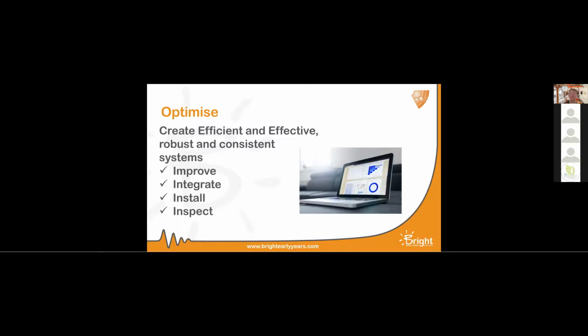Time is our most precious commodity, ultimately. So the more we can automate and the more we can integrate, then the easier it's going to be to build consistency and efficiency and to grow as well.